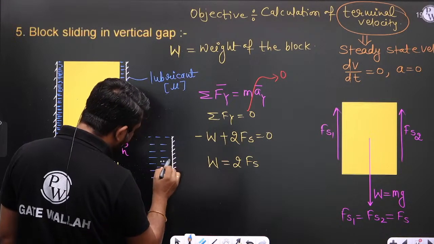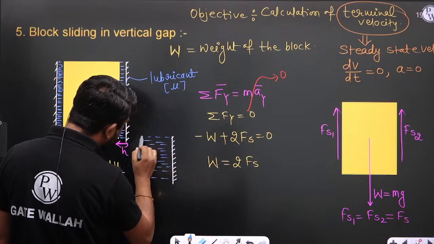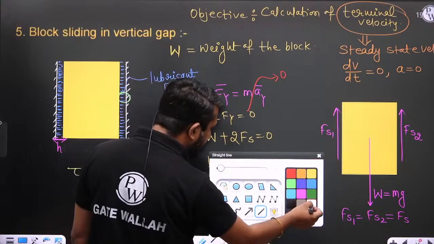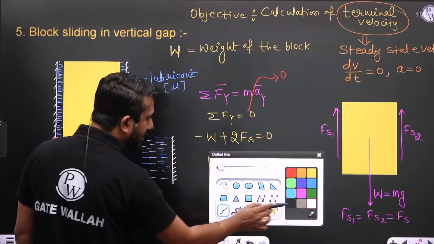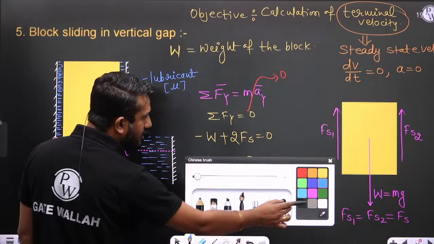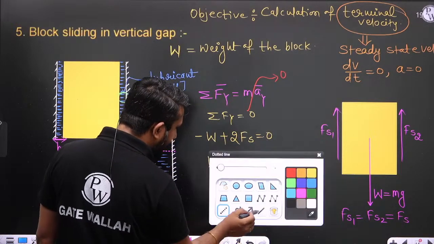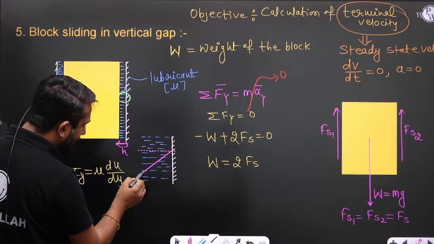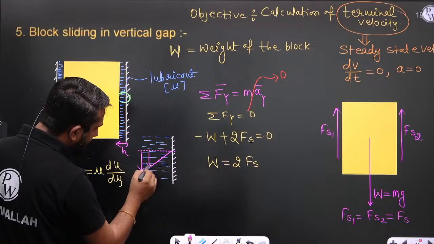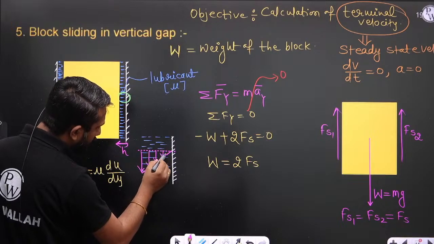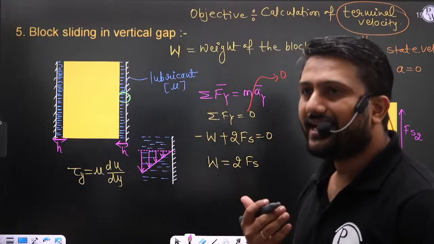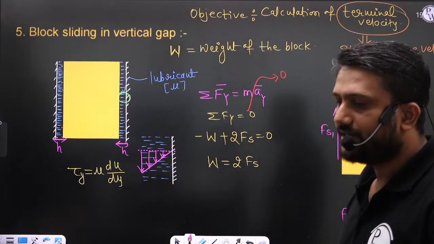This is the velocity variation. I already told you, if velocity variation is not mentioned in the problem, then consider linear velocity variation.